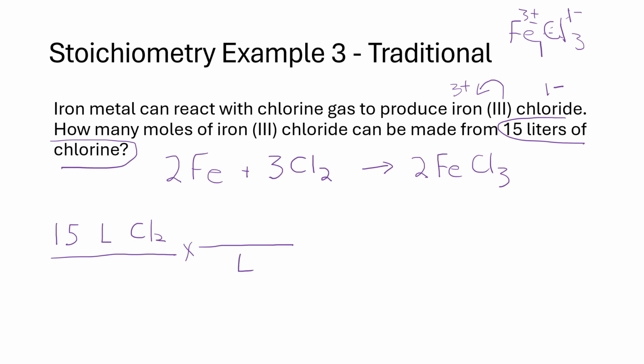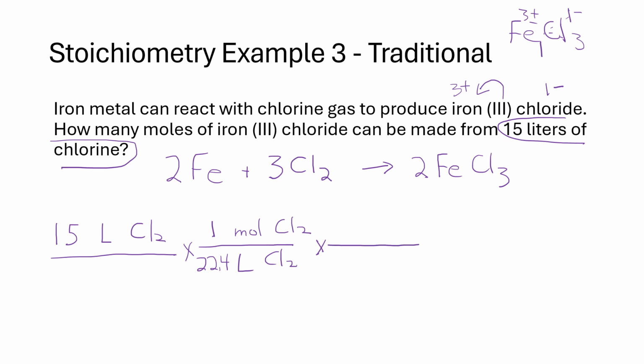So I'm going to take liters of chlorine and turn that into moles of chlorine. Since the chemical remains the same, what's changing is the unit, so that's just a mole triangle conversion. With liters, we've got 22.4, and with moles, we have 1. That's just converting liters to moles using the mole triangle.